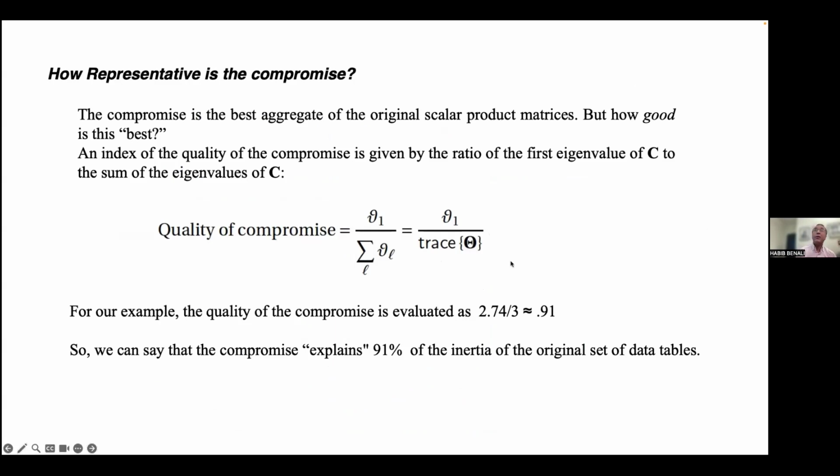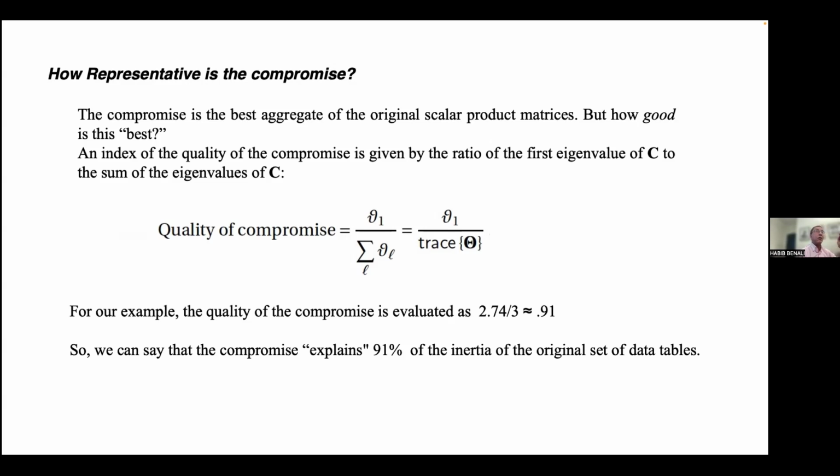You have three tables here, but you have 6 measurements. So you go back to the measurements, and you can come with the covariance matrices between the measurements. So now you're back in the measurements, but weighted by the information from the compromise of the STATIS method.